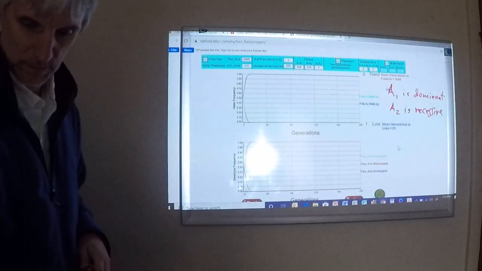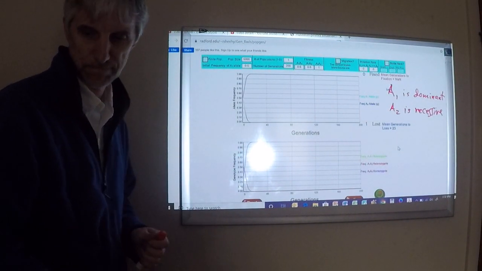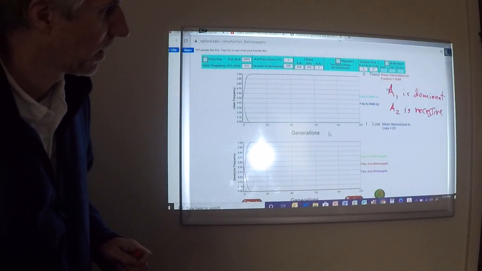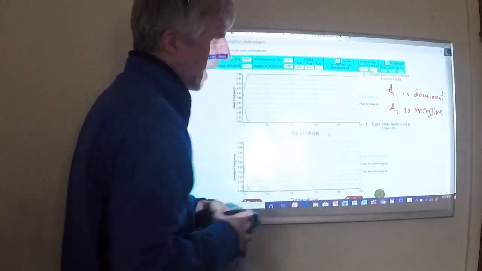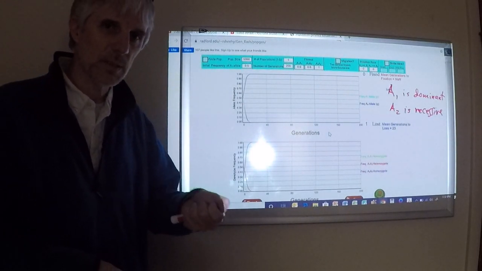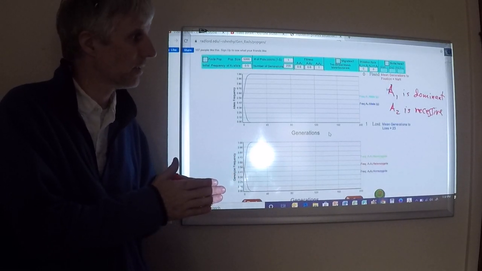All right. Okay, so let's work the next one. In our next case, let's make A2 recessive and A1 dominant, but let's have selection against the recessive allele. Our first case was selection against the dominant allele.